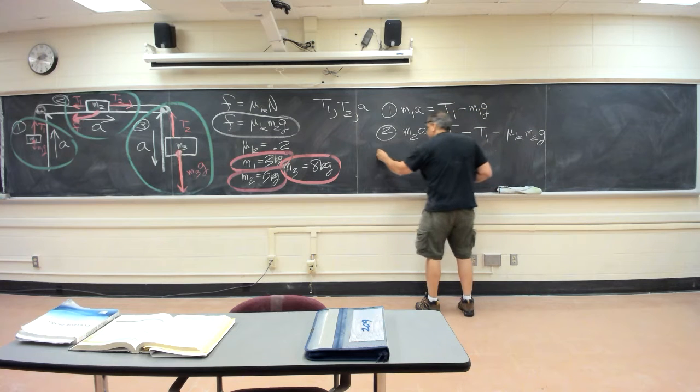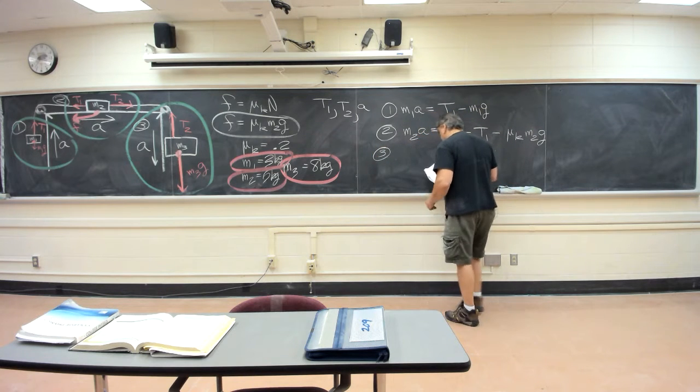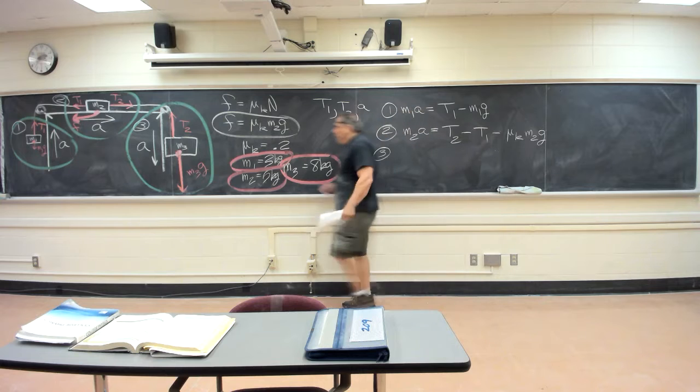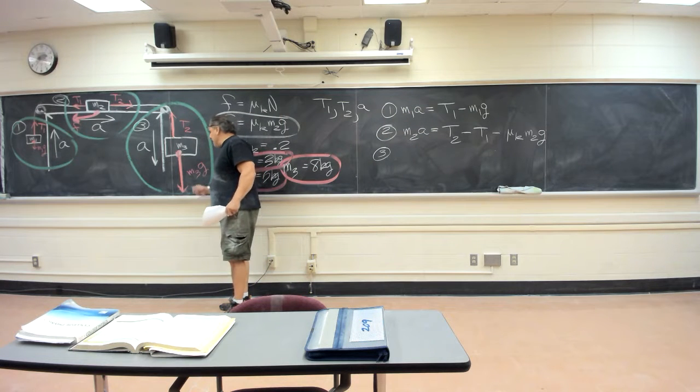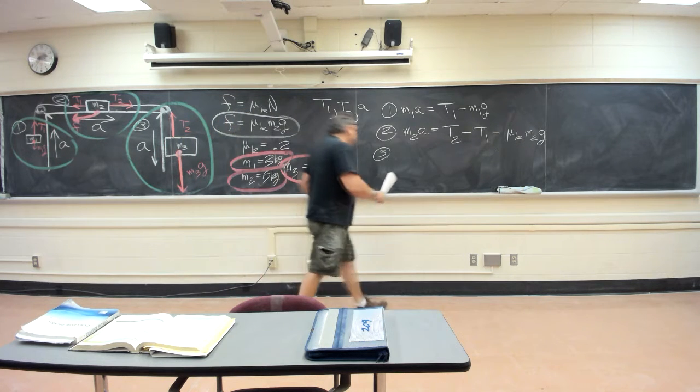Third one: there's a lot going on here. Bottom line is this one wins it. M3G minus T2, the difference between that is M3A.